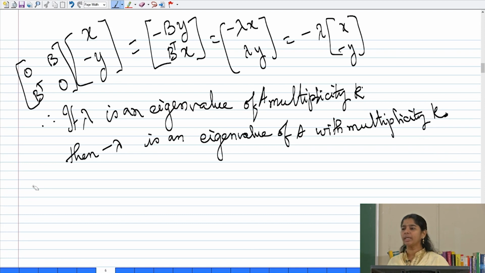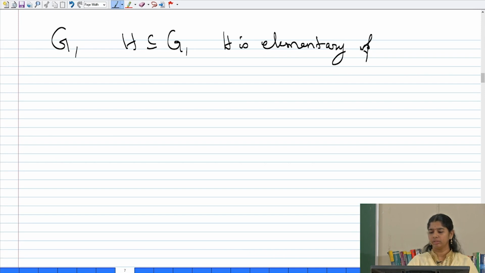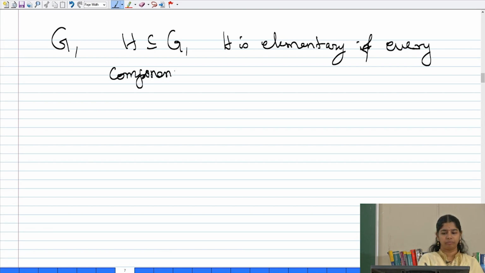So, what are elementary subgraphs? Given a graph G, I say H is a subgraph of G and H is elementary if every component of H is either a cycle or an edge.